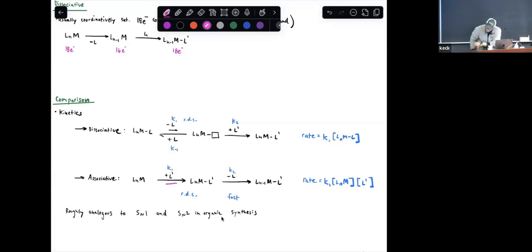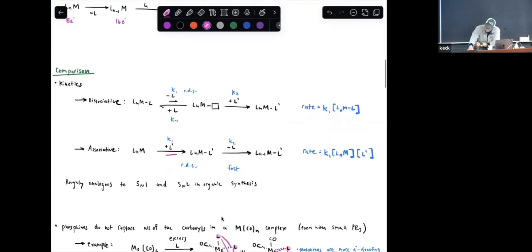Furthermore, in a dissociative pathway, sometimes you will even get negative order in the concentration of outgoing ligand, which is a way you can double check which mechanism is operative. And there's some parallel, although not a perfect parallel, to classical nucleophilic substitution reactions in the main group, namely SN1 and SN2, in comparison to dissociative and associative respectively.